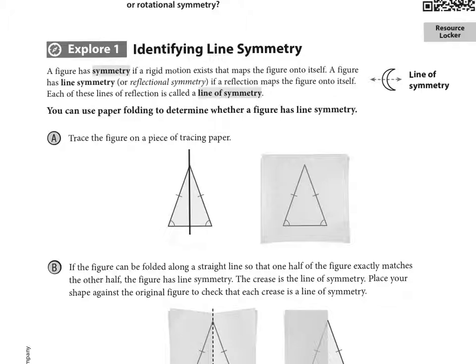There are shapes that have one line of symmetry, shapes that have no lines of symmetry, and some shapes that have more than one line of symmetry. As long as it has one, it has what's called line symmetry. So let's try a couple of these.